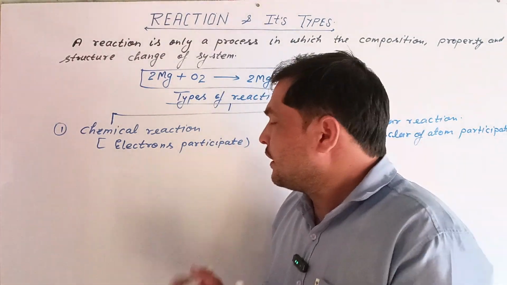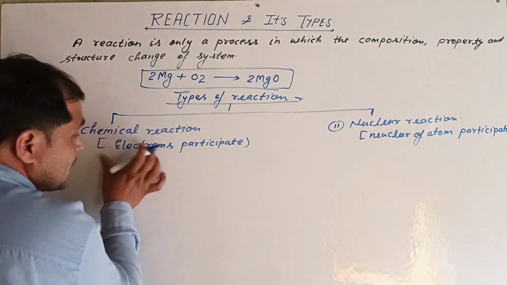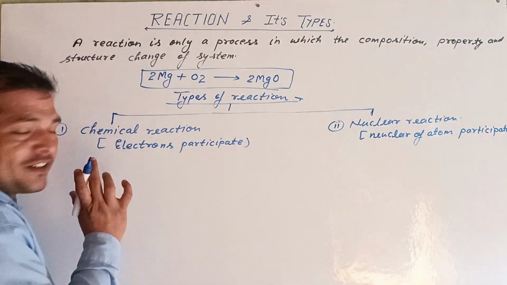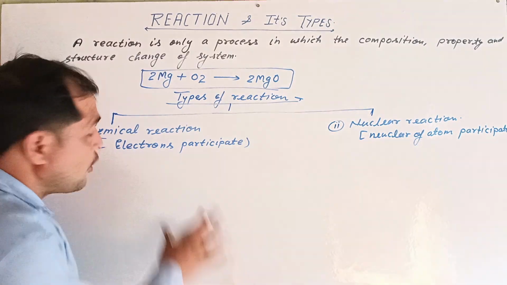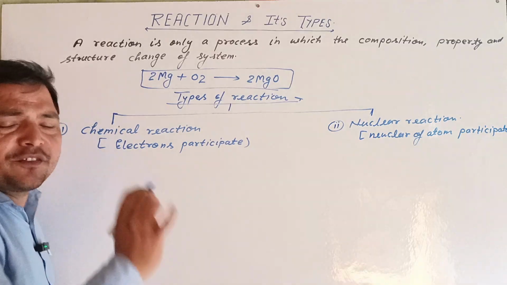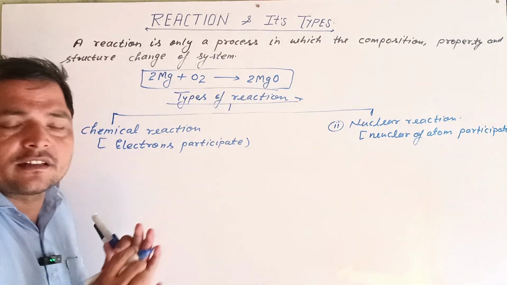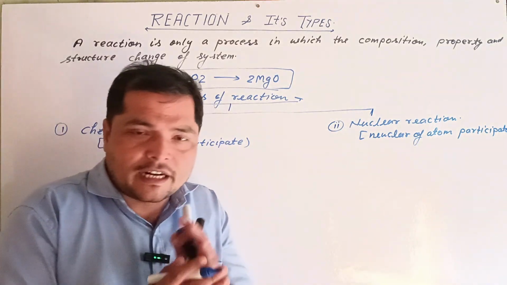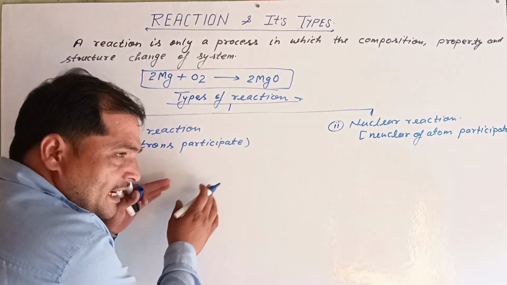And the kinds of chemical reaction we cannot fix, that is, how many kinds of chemical reaction there are. We can only define all types of chemical reaction by their definition according to the facts related to that reaction.